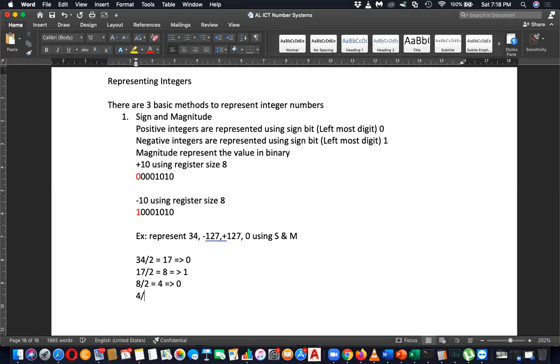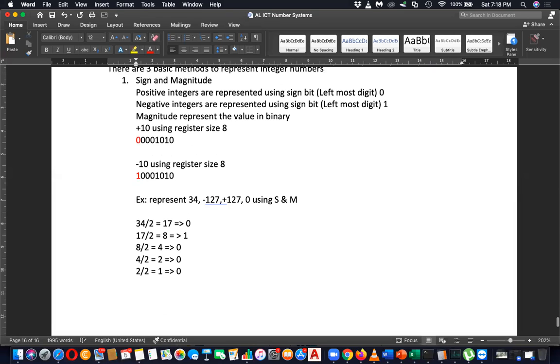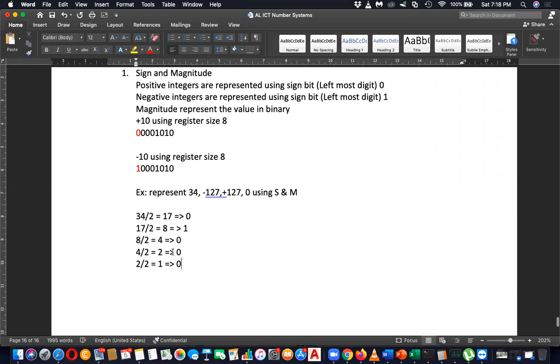Then 4 divided by 2 is equal to 2, remainder 0, and 2 divided by 2 is equal to 1, remainder 0. So you take the values from bottom to top, it's 1 0 0 0 1 0. This is the value.